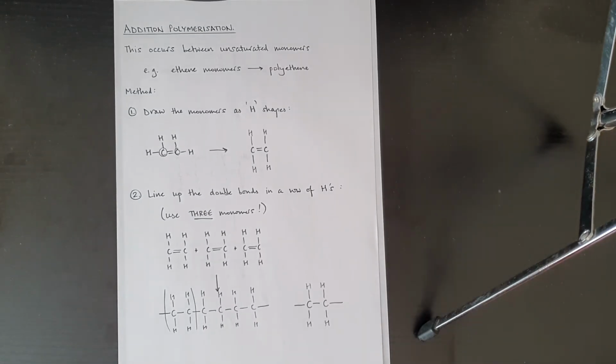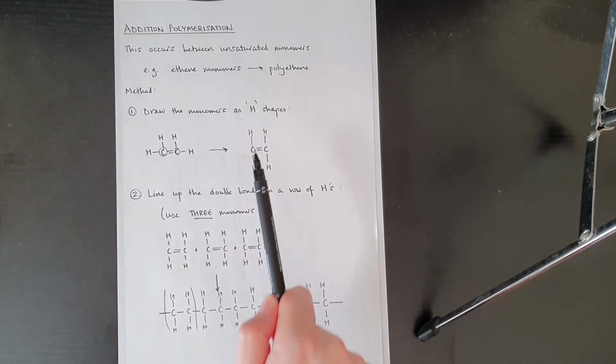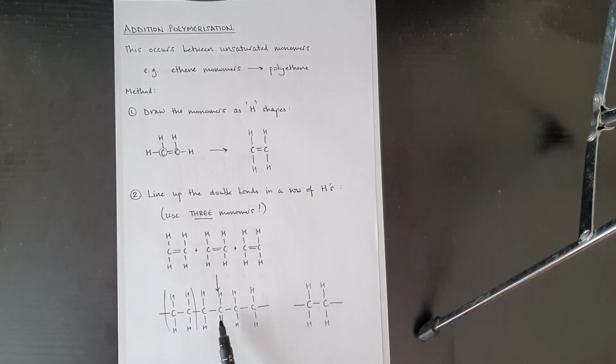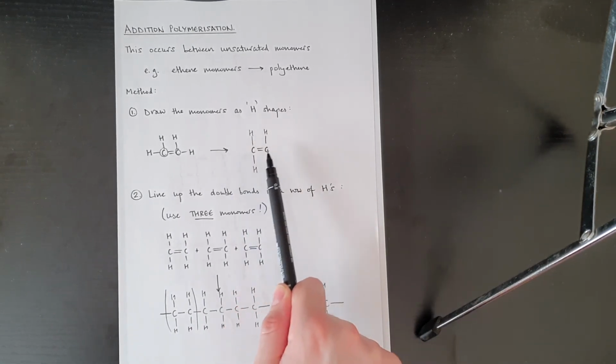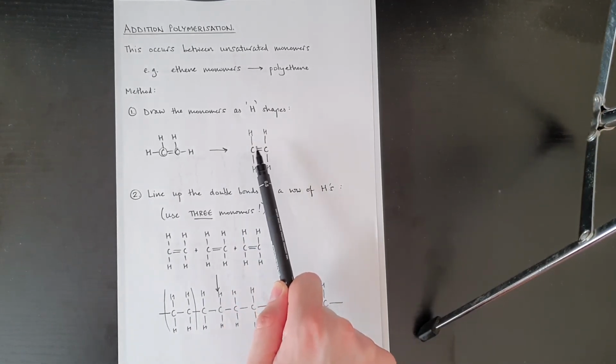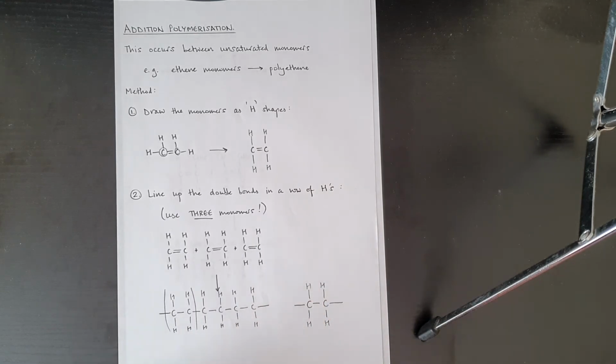So whilst this reaction is quite simple, because it's just compounds adding on to one another via a double bond, there's quite a few new terms and new ways to draw certain structures that we need to remember. So it's important to remember the difference between a monomer and a polymer. Monomer is the single unit that is used to make up our polymer, and the polymer is the big long chain.